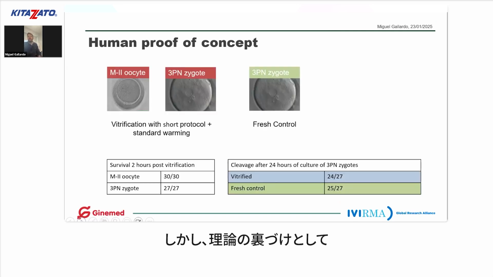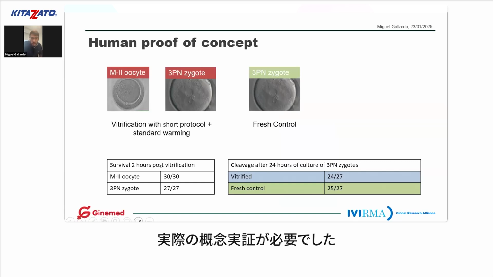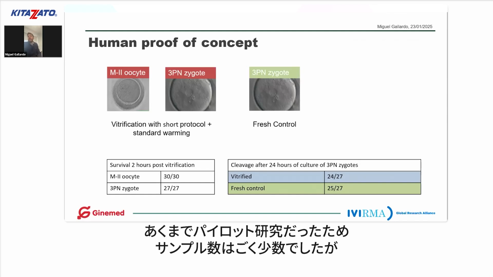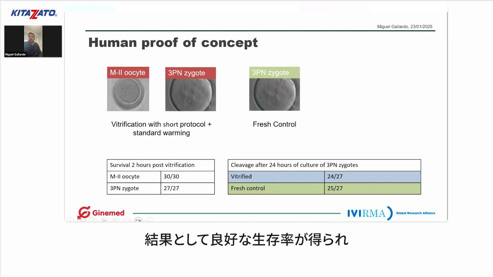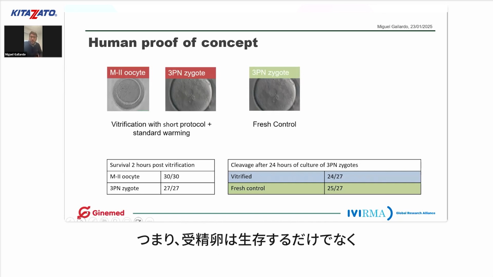But still, we did some proof of concept in human oocytes and abnormally fertilized zygotes that were donated for research. And we obtained, in a very small sample size, because it was a very pilot study, good survival, meaning that the biophysical principles that we model do work, so it's good news.